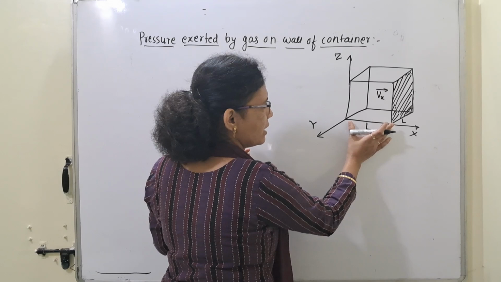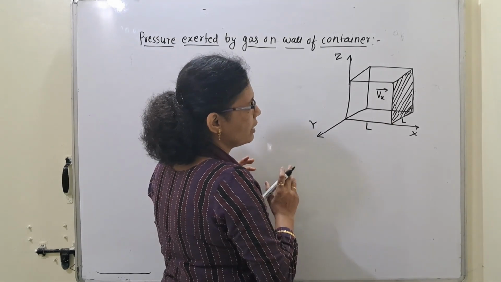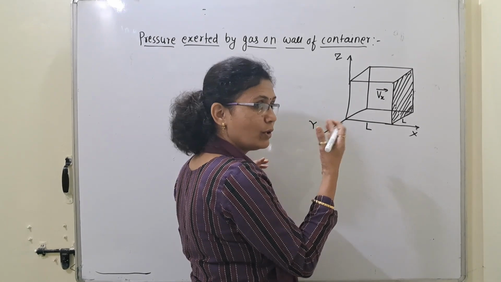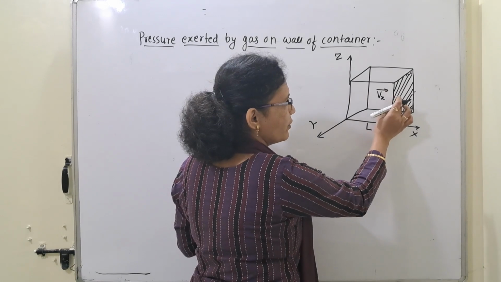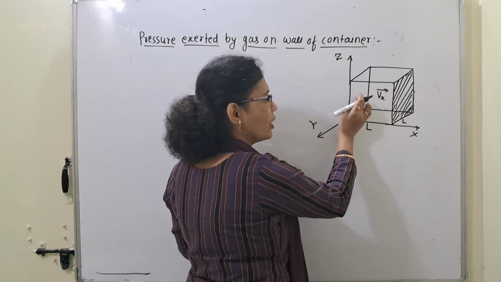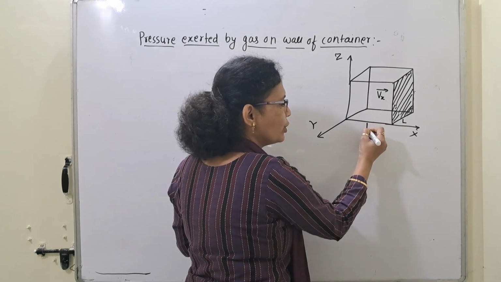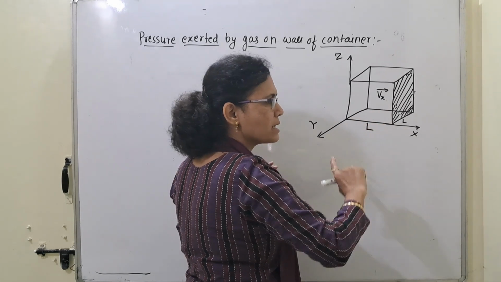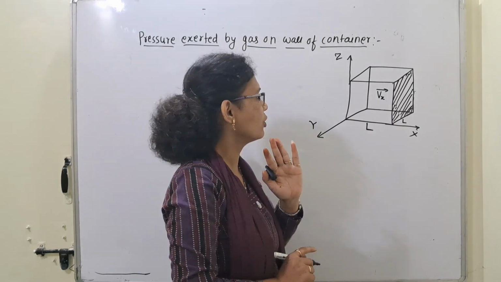So if I consider the length of this container as L, that molecule will cover a distance between two collisions. It will start from here, collide with this wall, come back and collide with this wall again. Between these two collisions, it is going to cover the distance L plus L, that is 2L. Remember this in your mind.